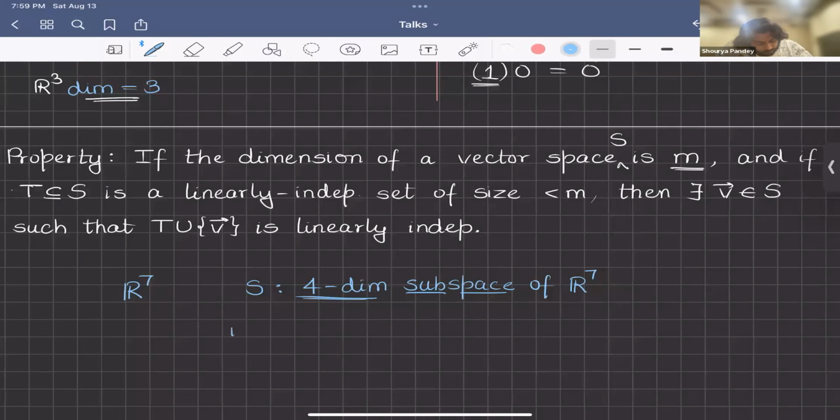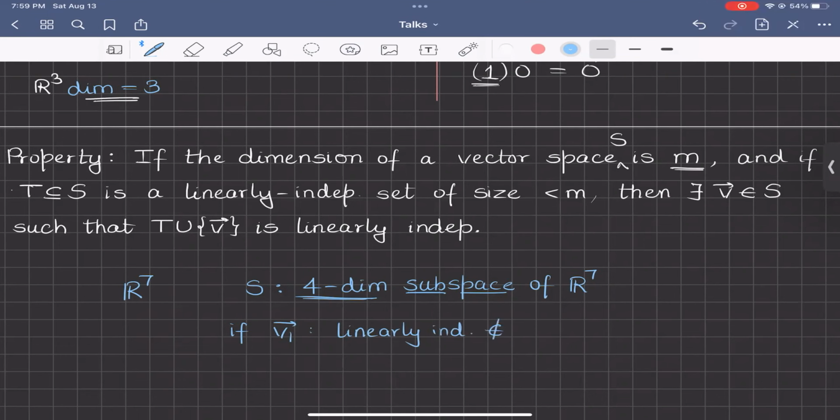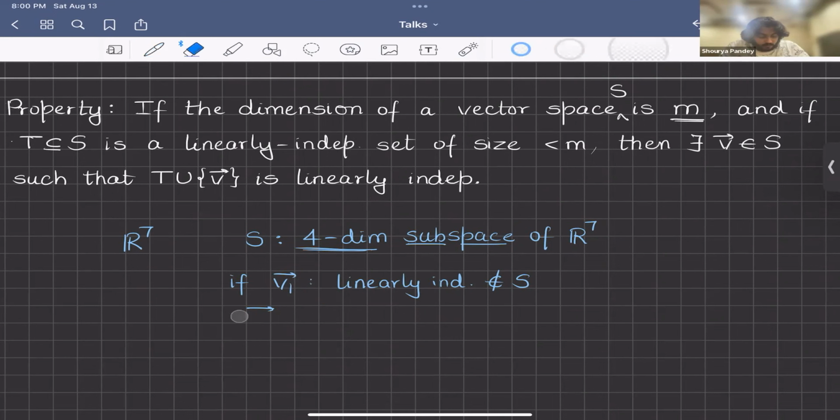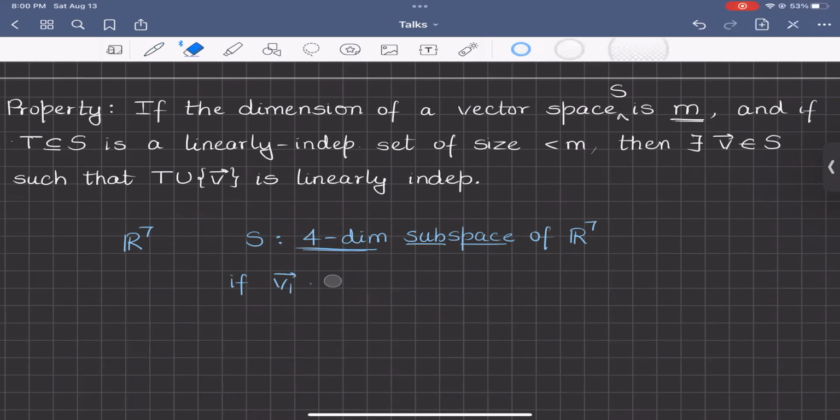That's one interesting fact. Okay, so if I have, let's say, 3 linearly independent vectors in T, then if you see the span of those 3 vectors, that will be 3-dimensional.